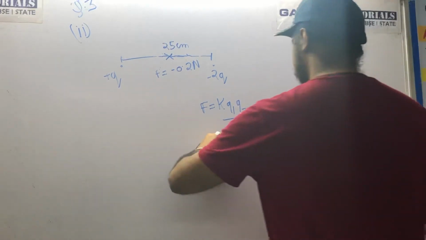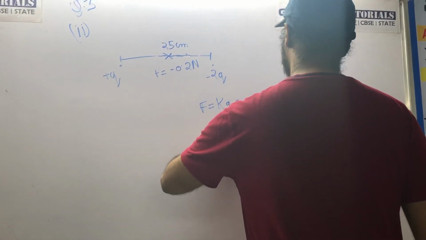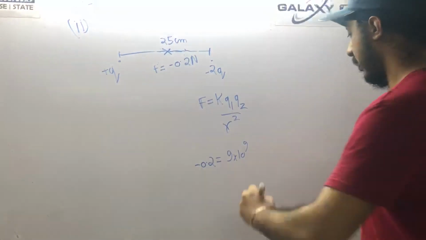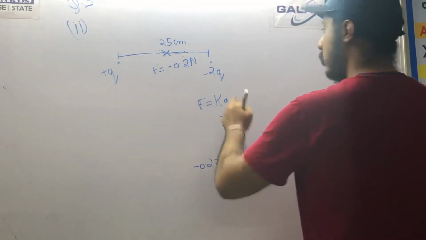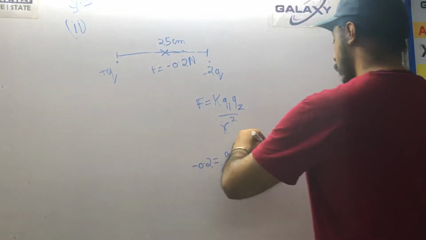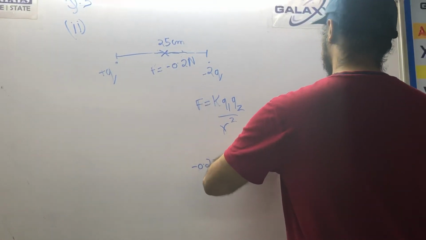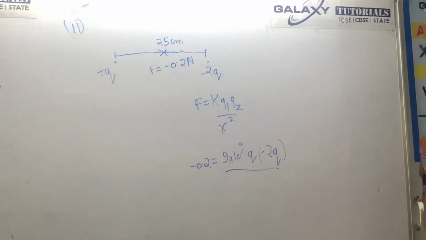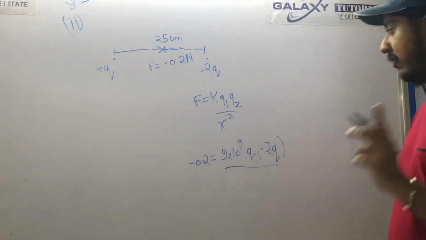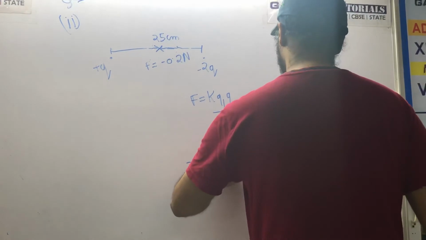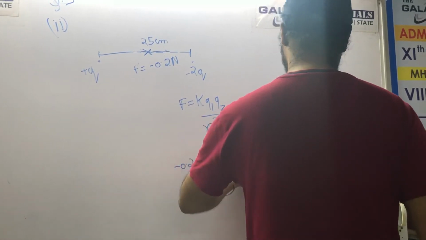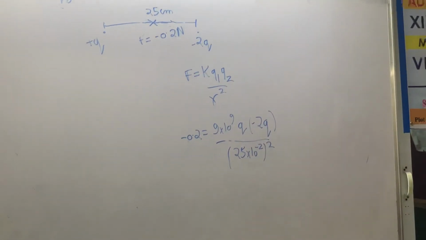It is a constant, 9 into 10 raised to the power 9. q1 q2 you don't know. q1 is plus q, so I will write q here, and q2 is how much? Minus 2q. And r is the distance between the two charges, and that is how much? 25 centimeter, and you will convert that into meter. So 25 into 10 raised to the power minus 2, whole square. I hope that is clear to you all.